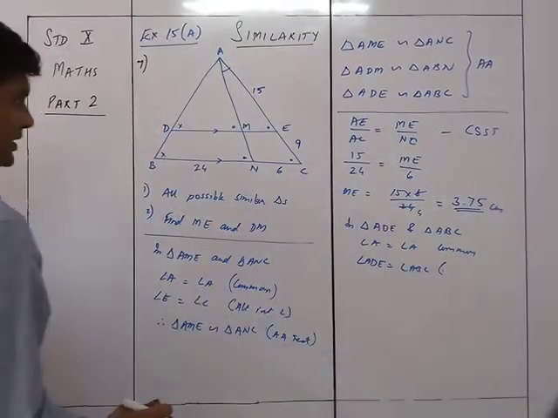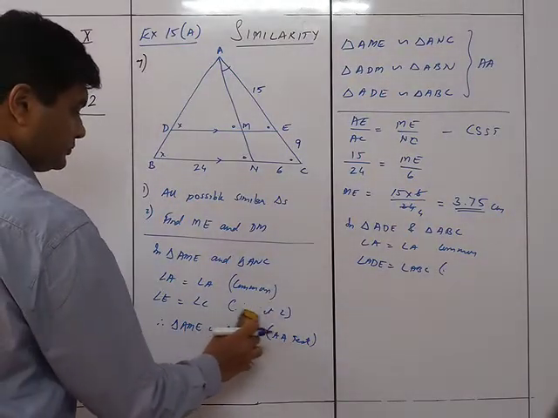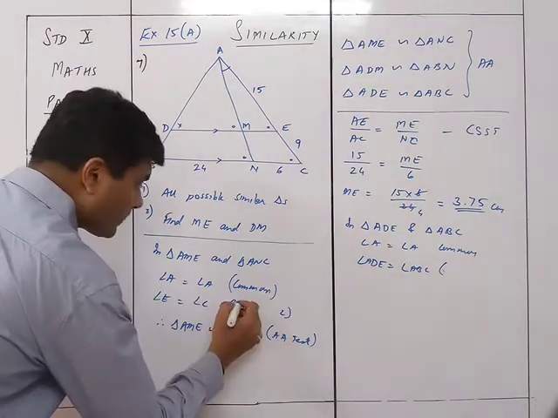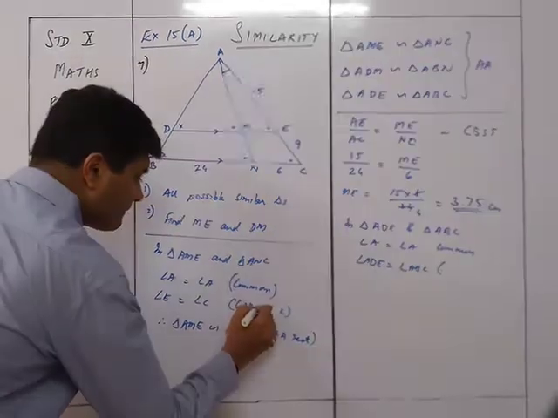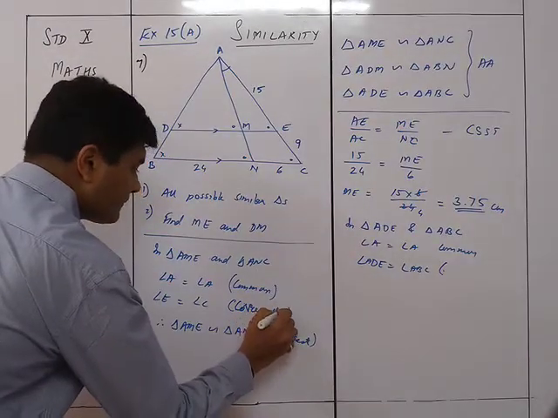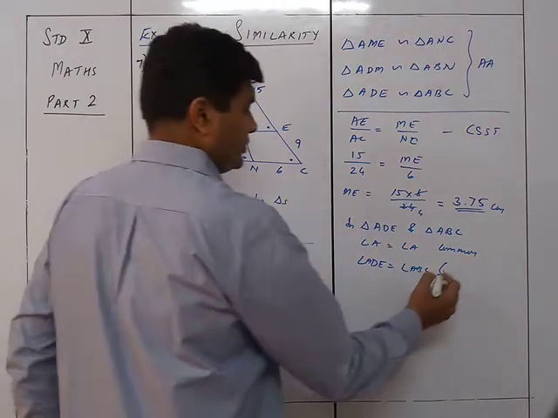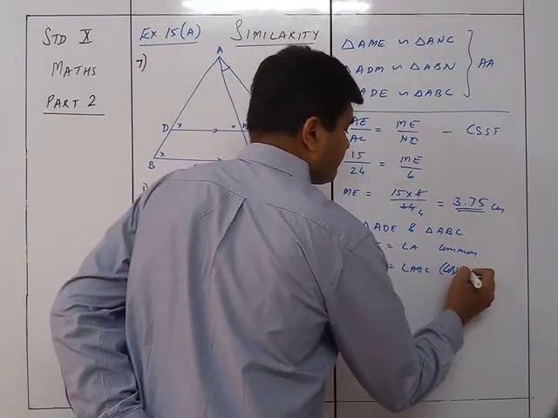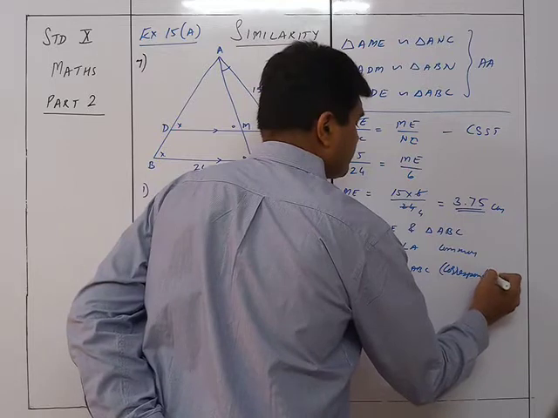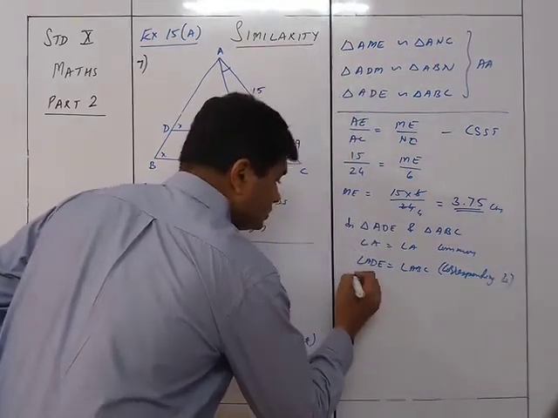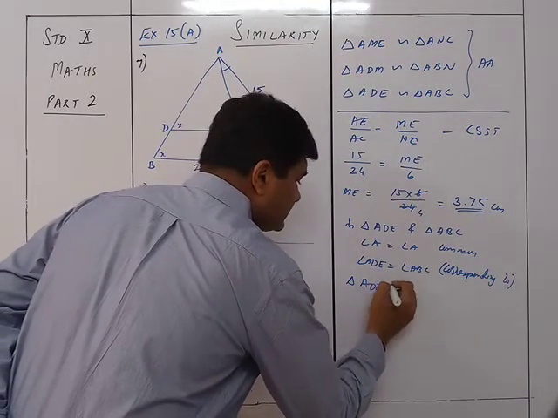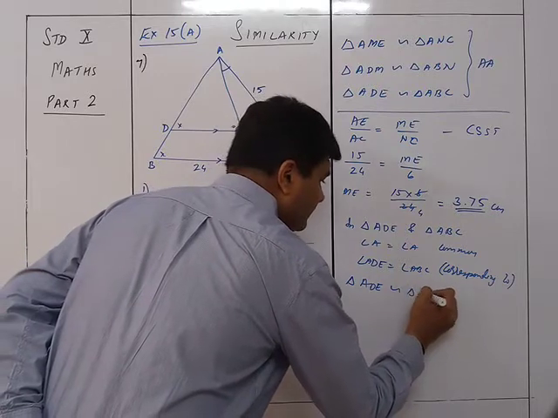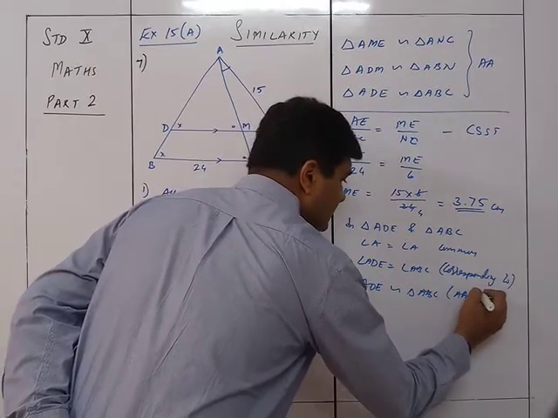Here also it will be corresponding, sorry. So triangle ADE similar to triangle ABC by AA test.